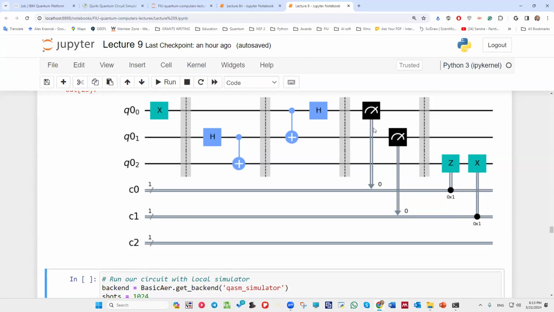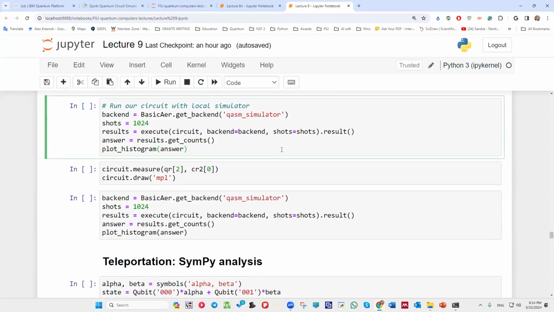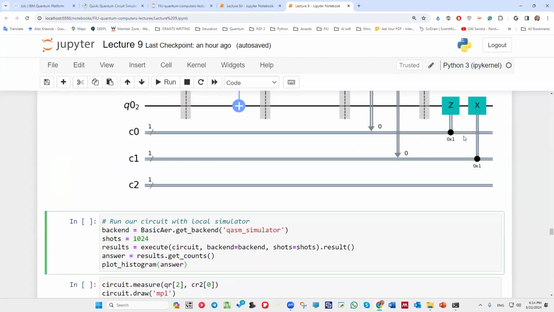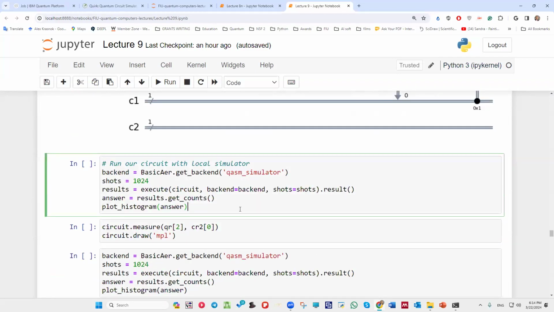However, if Alice measures 1 here and 1 here, then Bob needs to apply these two Z and X gates to correct the state he receives upon this teleportation process, and he needs to correct it in this way.